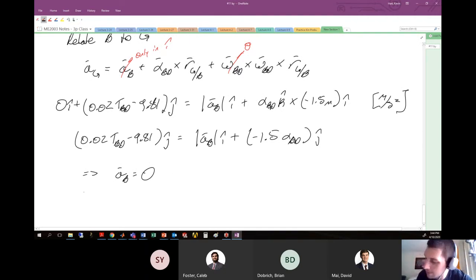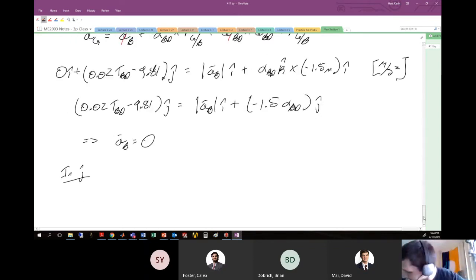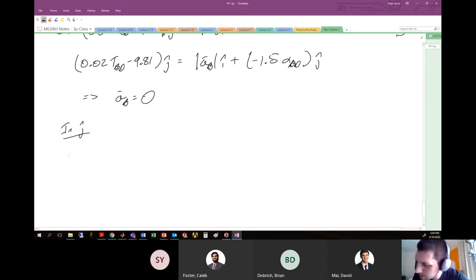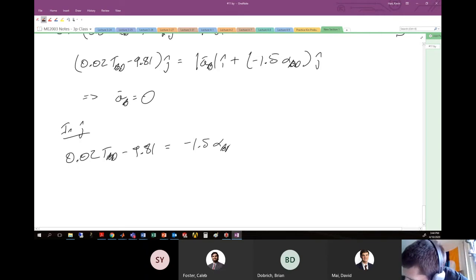And I can also look at the j hat direction. So I have 0.02 T_BD minus 9.81 equal to negative 1.5 alpha BD. This is like our third relationship based completely on kinematics.